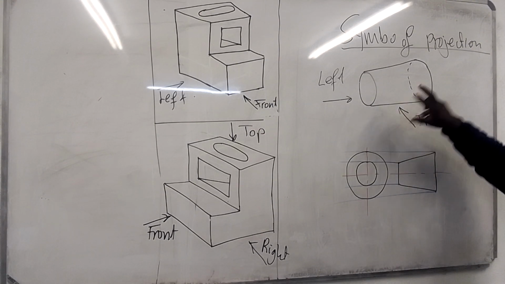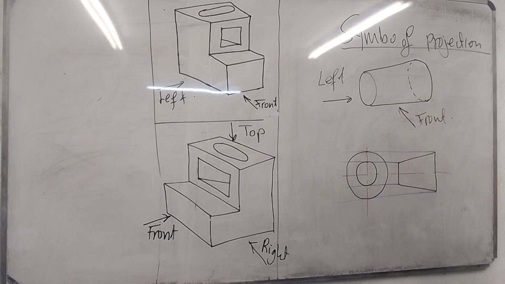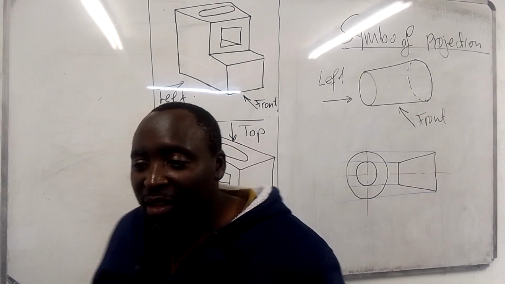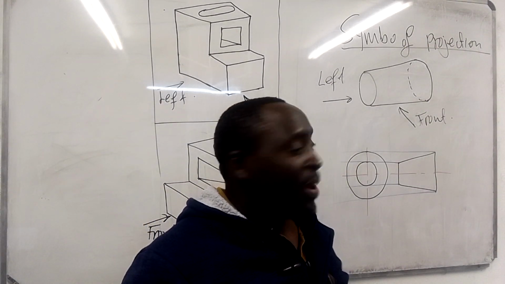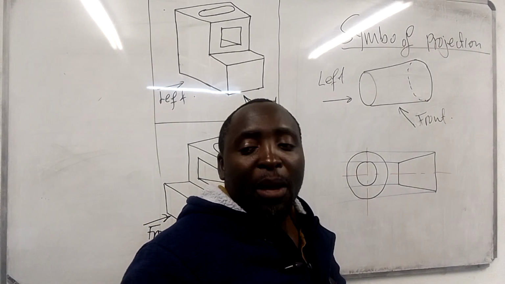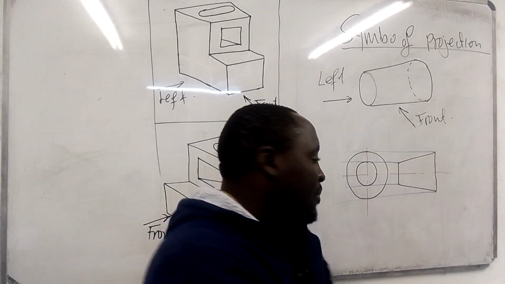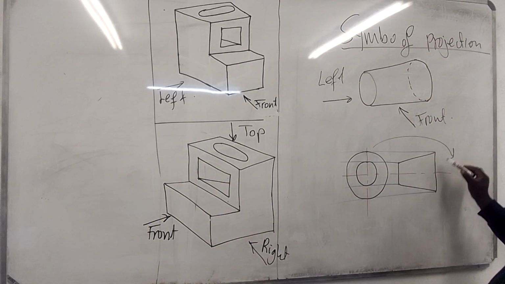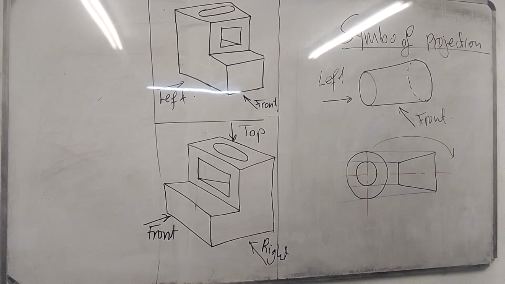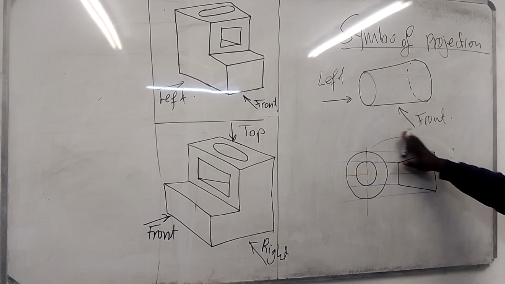This symbol is this. What does it say in the first angle projection? What is the rule? Swap the views in diagonal. But there are only two views, so we just swap them. When you take this one to this side, it becomes the first angle projection. When you leave it the way it is, it is third angle projection.